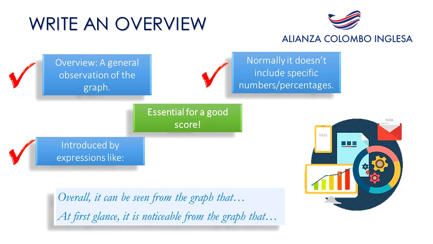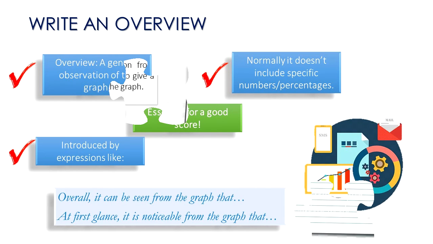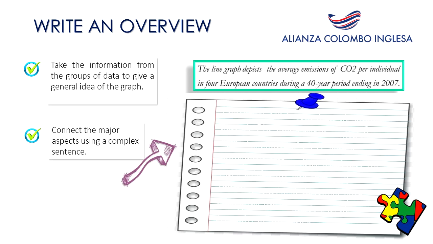We should always introduce an overview after the paraphrasing of the statement. Now, how do we write an overview? Where should I get the information from?